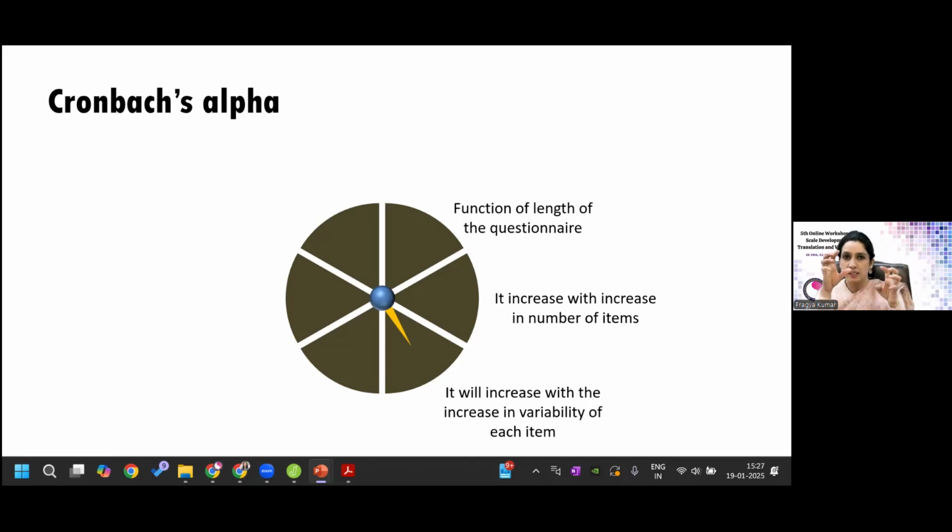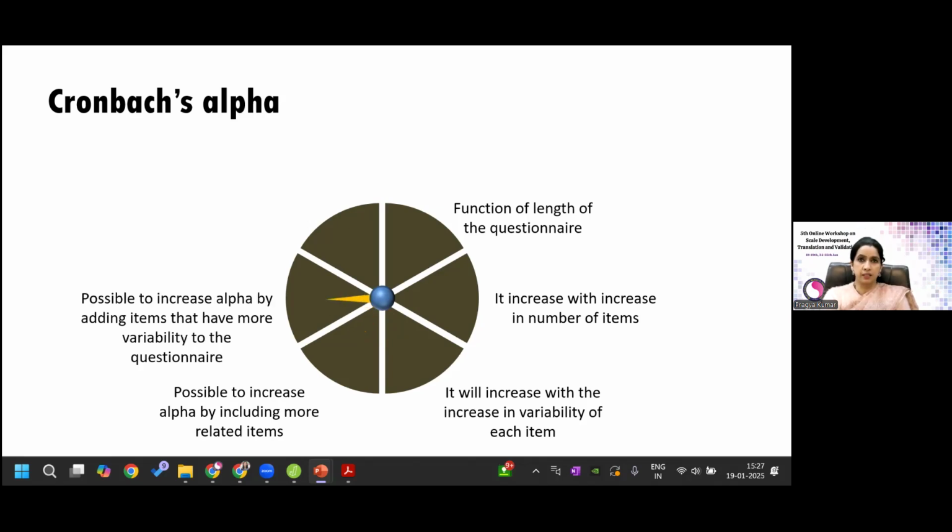So depending on the response, the scale can differentiate a person who has a low score from one who has a high score. With an increase in variability of each item, the alpha increases, and there is a possibility to increase alpha by including more related items. And again, if you add items that have more variable responses, then you can increase the alpha.